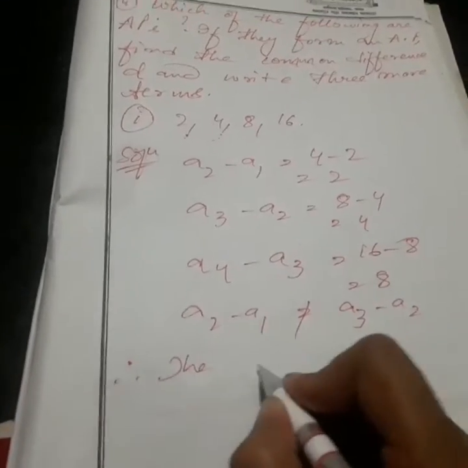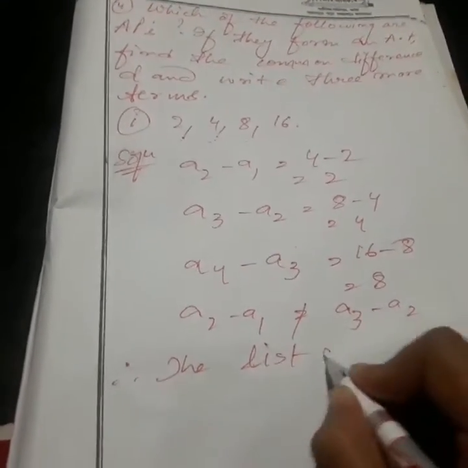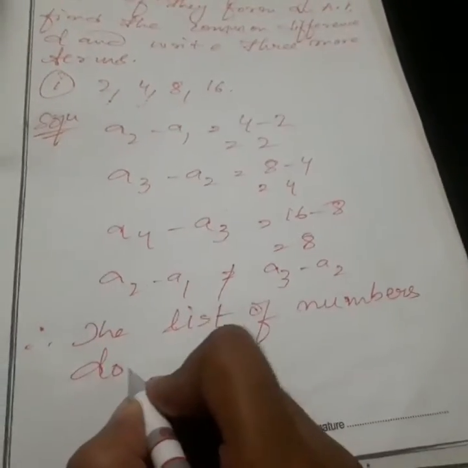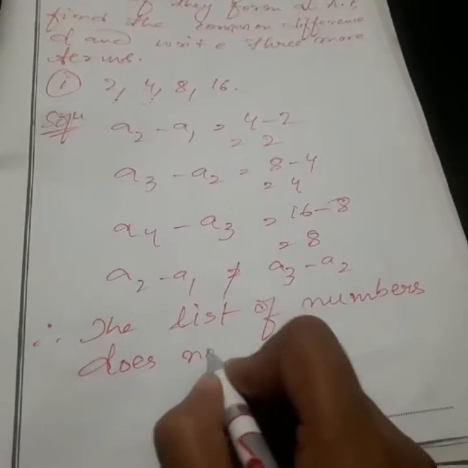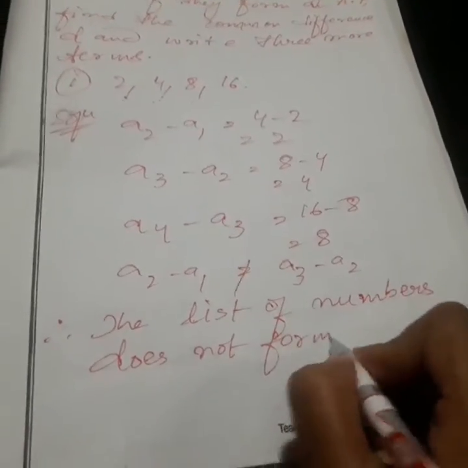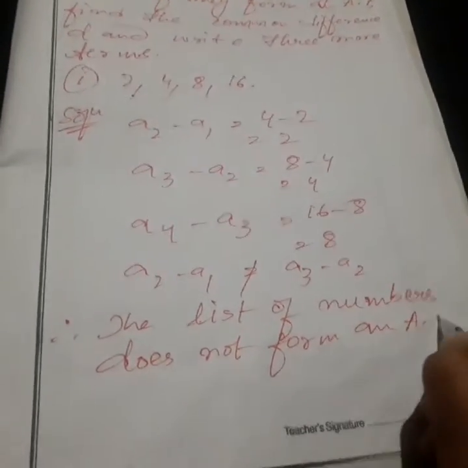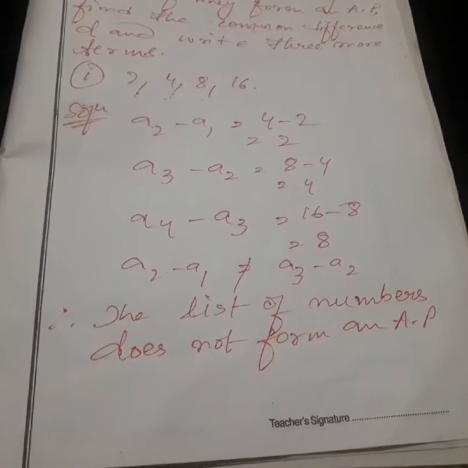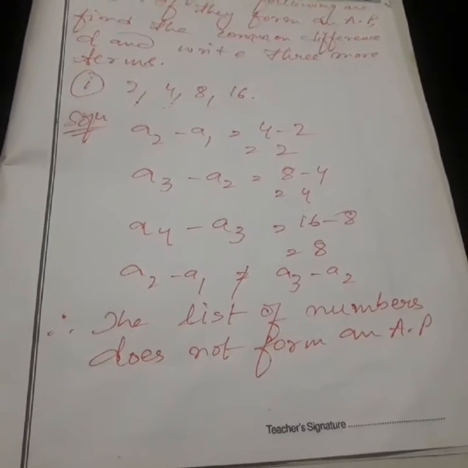Therefore, the list of numbers does not form an AP. Since it does not form an AP, there is no need to find 3 more terms.